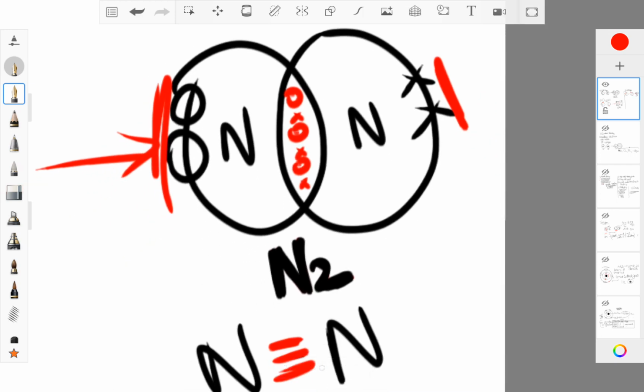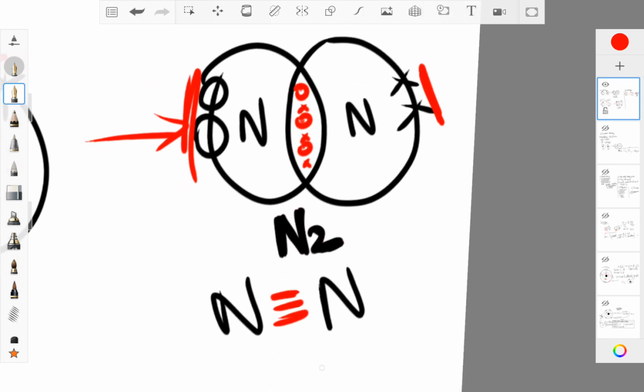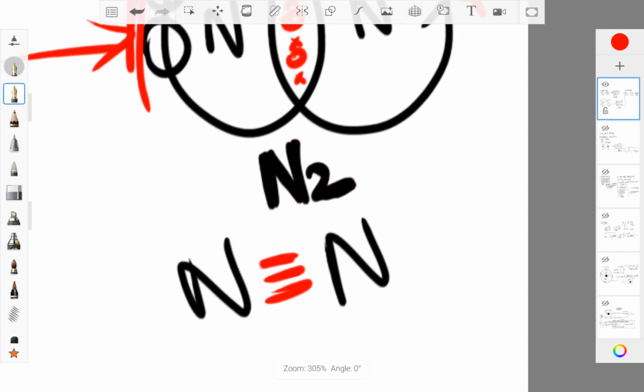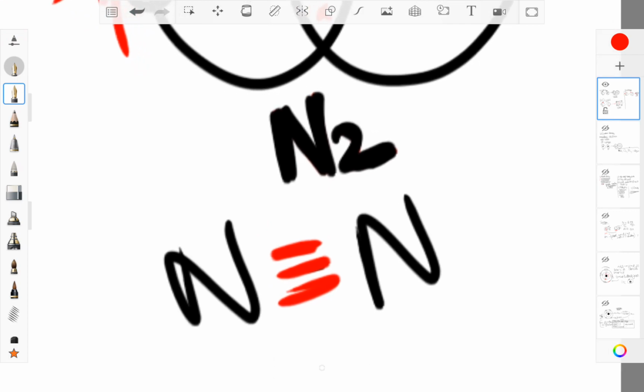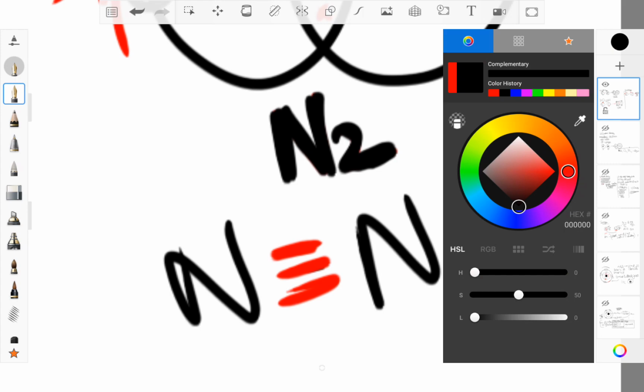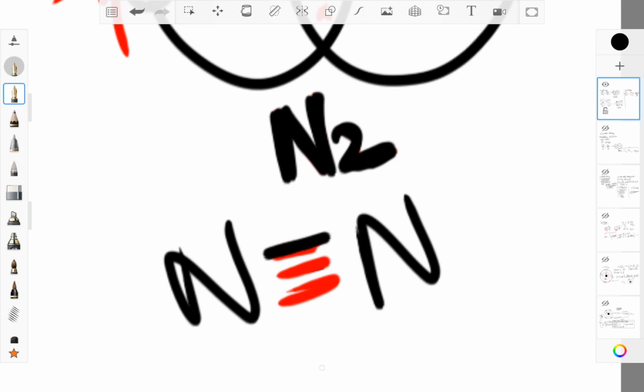And this is an N2 molecule along with its covalent structure. Again, 2 shared electrons form one covalent bond, so 6 shared electrons will form 3 covalent bonds. Hence, you can represent a nitrogen molecule as having a triple covalent bond. And yeah, that's about it for nitrogen.